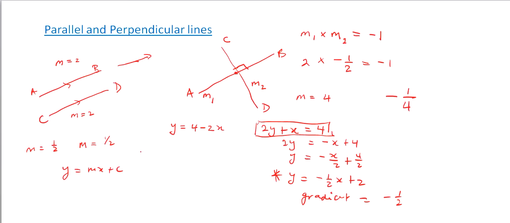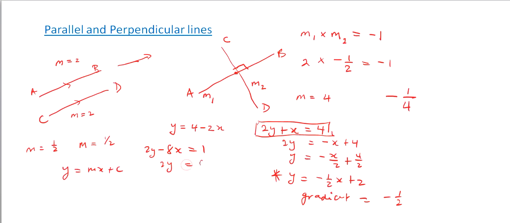So let me do another example. So if we have, let's say, 2y minus 8x equals 1, and we want to find the gradient of this line. So we have to write it in the form y equals mx plus c.